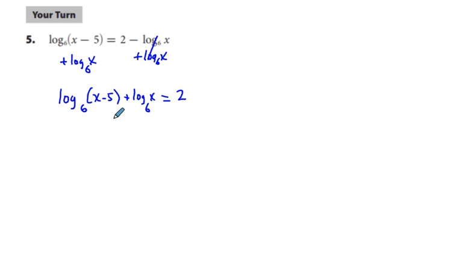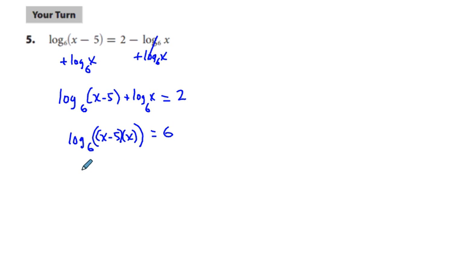And we can use our properties here, our product property, and on the left side what we're going to have is log base 6 of this x minus 5 times this x, and that's going to be equal to 2.